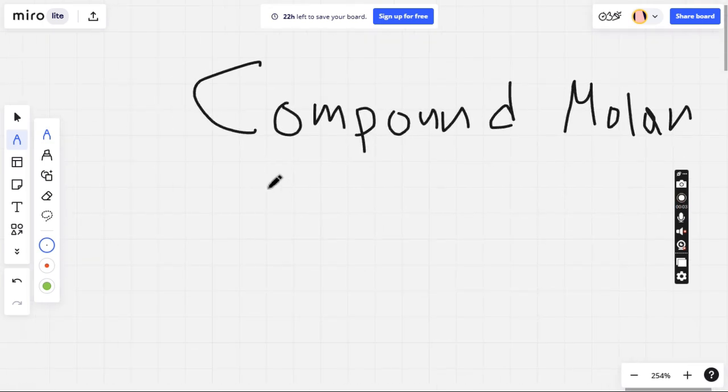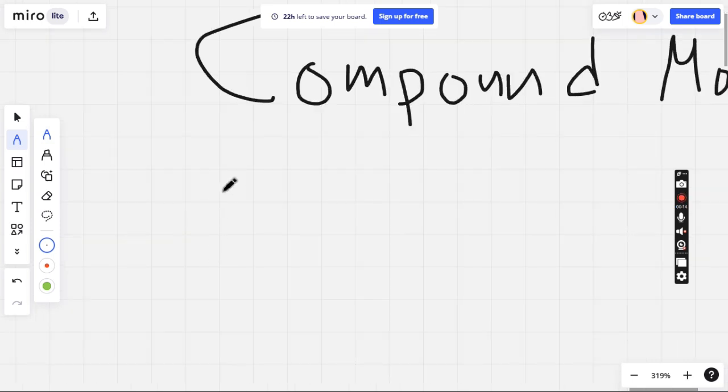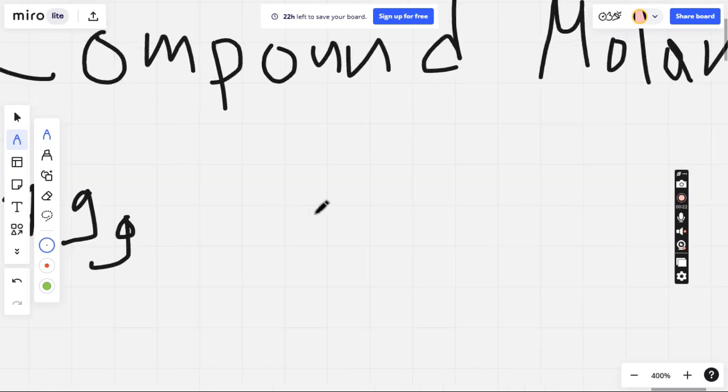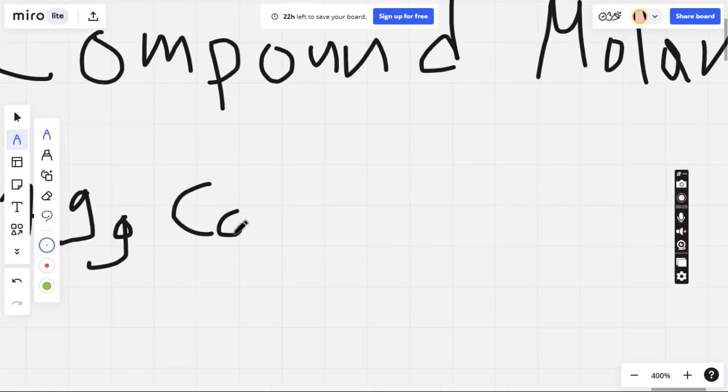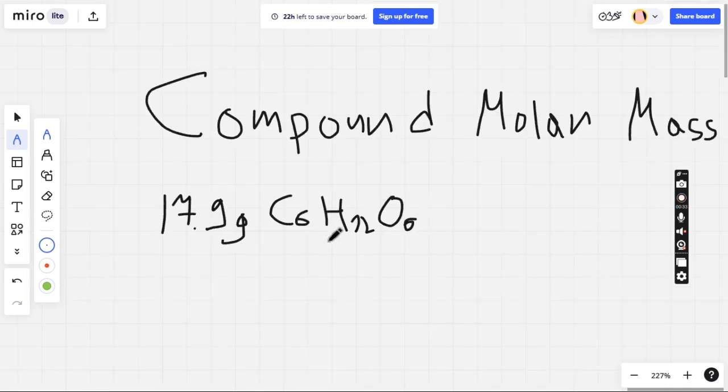So let me pull out an example conversion for you from my trusty little notebook. This is going to be a hard one, but just as an example, let's say we have 17.9 grams of C6H12O6, which is glucose.